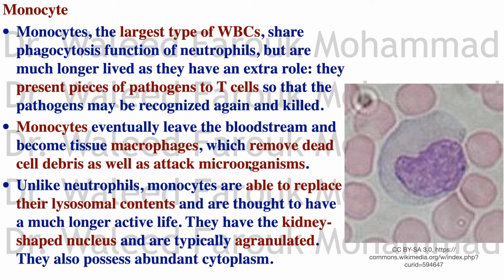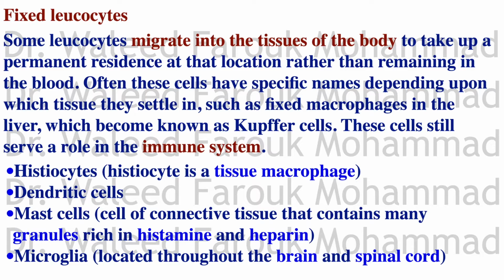They eventually leave the bloodstream and become tissue macrophages. They remove dead cell debris as well as attack microorganisms. They present pieces of pathogens to T cells. This is a picture of a monocyte.